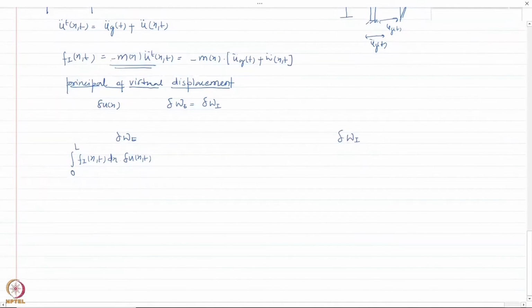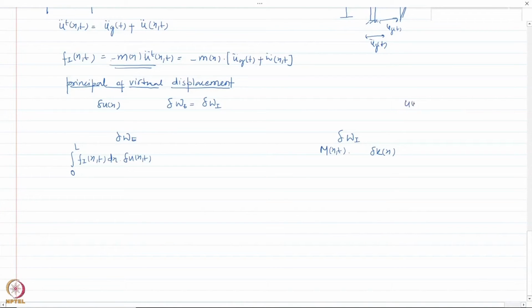Now for the internal forces, if it's a flexure system and I'm assuming that there is no significant shear deformation, the work done due to flexure, you might already know this, is done by the internal moment M of x,t due to curvature del kappa of x.